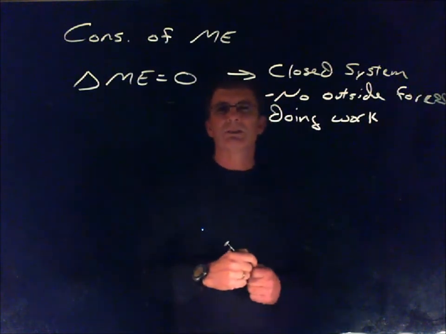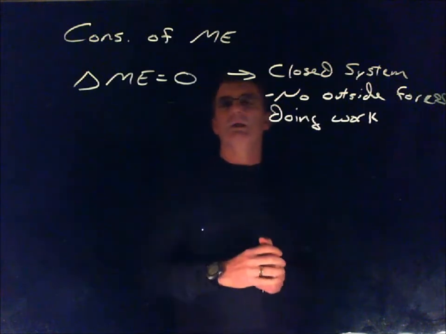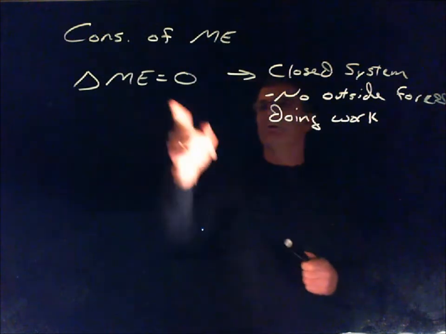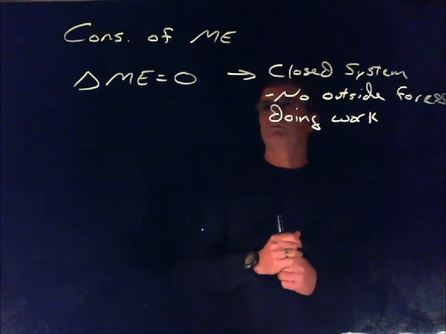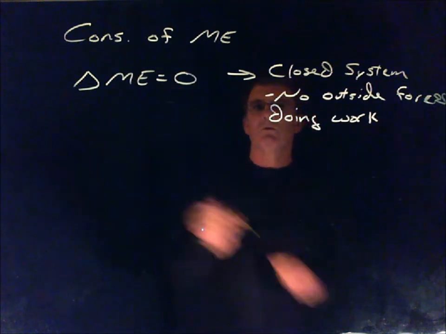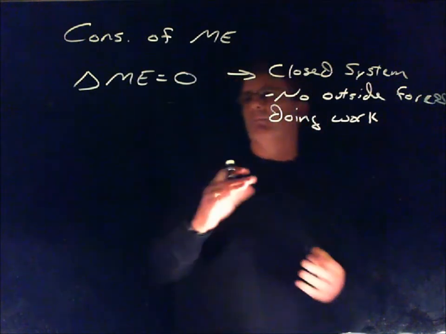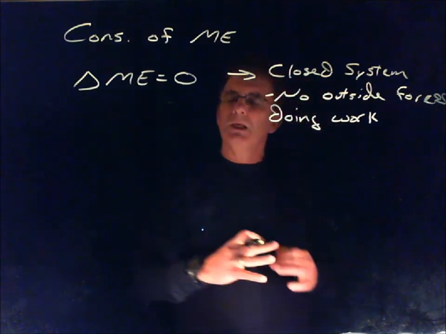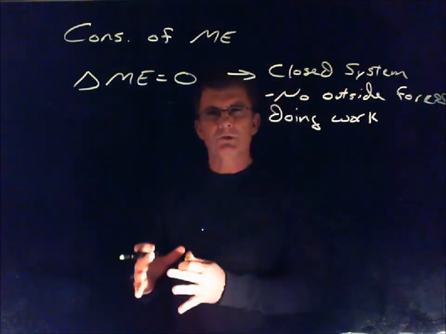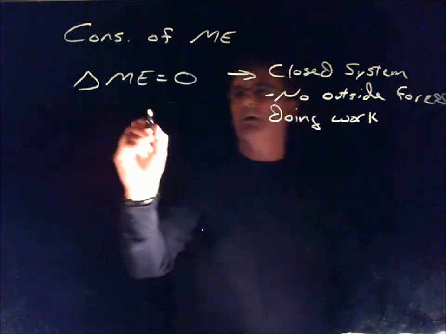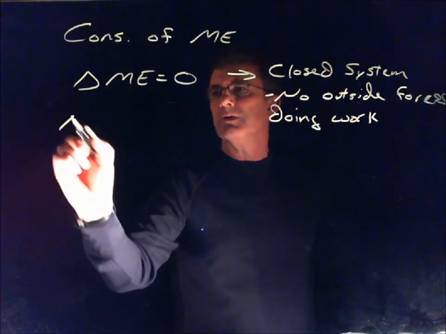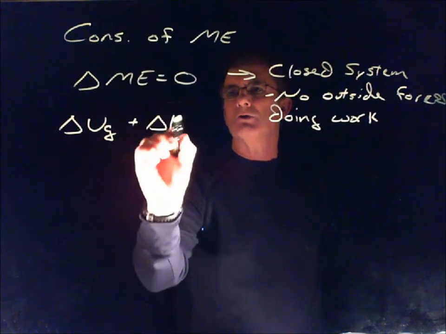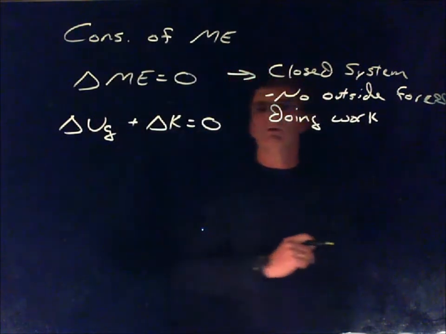I talk more about systems later on in a unit where I look at multiple objects interacting. But back to conservation of mechanical energy. The change in mechanical energy is zero, and so our initial mechanical is equal to final mechanical. And since mechanical energy is potential energy and kinetic energy, what this expression is equivalent to is that our change in gravitational potential plus our change in kinetic is zero.